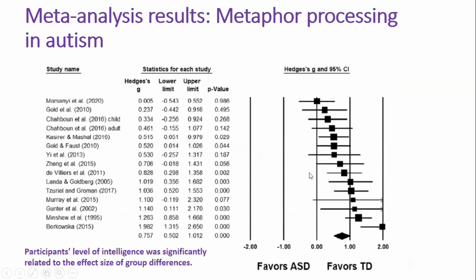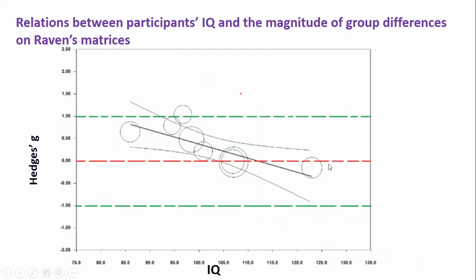Oh, sorry. So this red line represents 0 effect size, and the green lines represent an effect size of 1 and -1. And so this is effect size plotted against level of intelligence of the participants. And so this is for participants with an IQ of 85. You can see that there's an advantage.